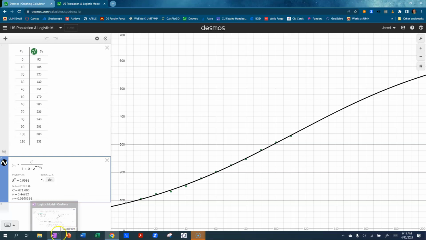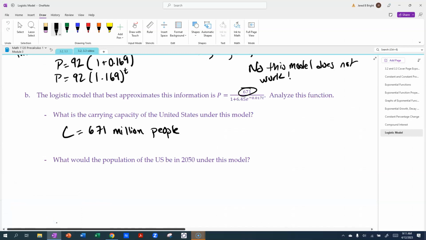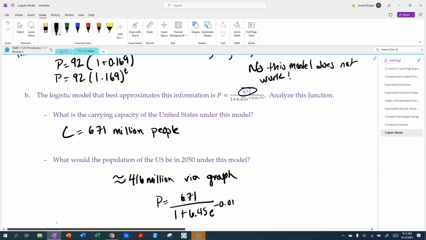Okay, so again, we're not close to carrying capacity yet. So I'm just going to say approximately 416 million. And this would be via the graph, okay? If I wanted to find the actual population, I would do P is equal to 671 over 1 plus 6.45 e to the negative 0.017 times 140.